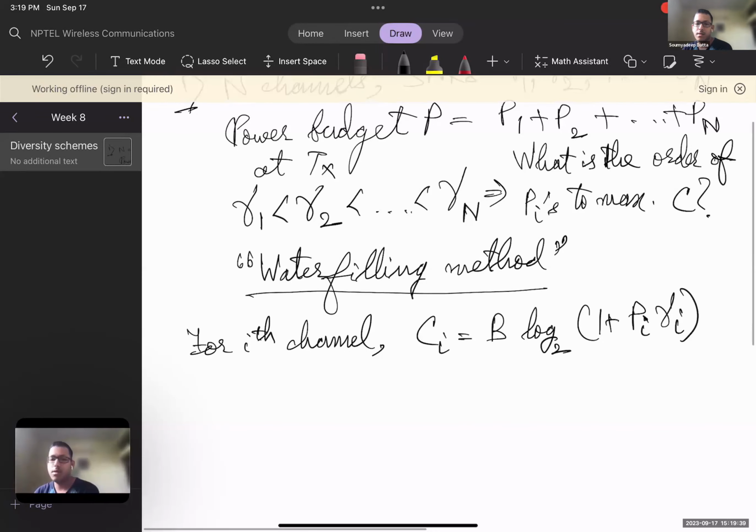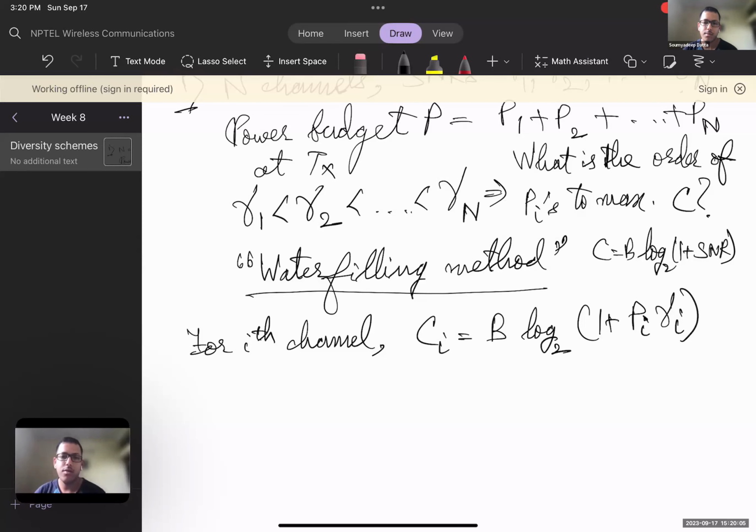So this is from Shannon's law, that C equals B times log of 1 plus SNR. This is the capacity for a Gaussian channel, or for any digital communication channel: the bandwidth times log of 1 plus SNR.